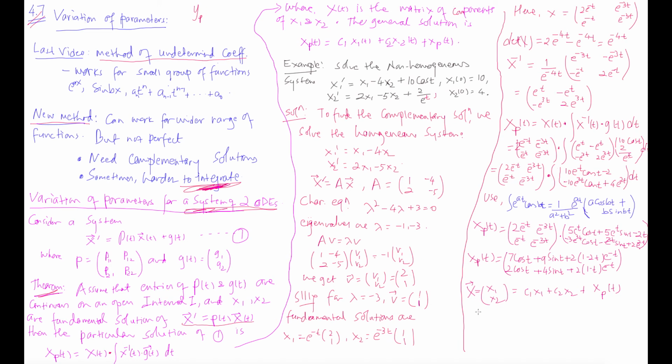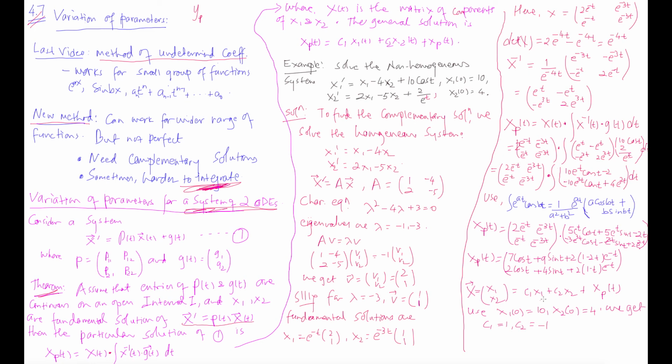You use the initial condition, right? What is the initial condition? Use x1(0) equals 10, and then x2(0) equals 4. What do you get? We will get c1 equals 1, and c2 equals negative 1.